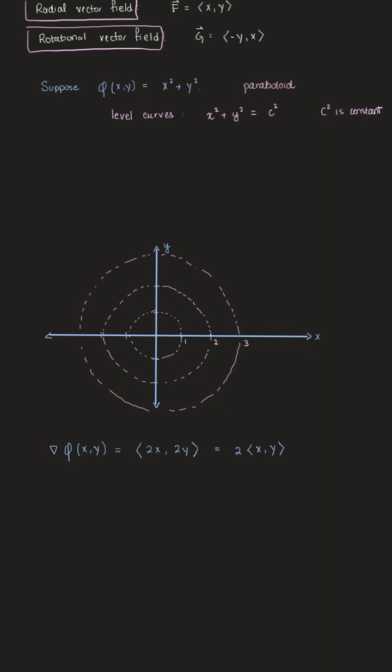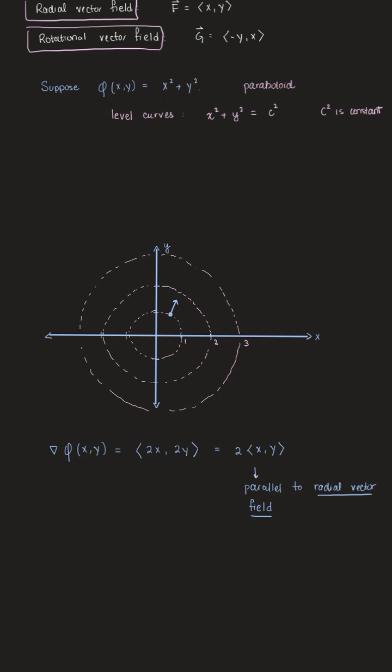And not only that, but it's a vector field that is always parallel to our radial vector field, because it's a scalar multiple of the radial vector field written above, x, y. This makes sense because if I pick a point on a level curve in my xy plane, then the gradient of phi must be perpendicular to that level curve, because the gradient points to the greatest increase in the surface.